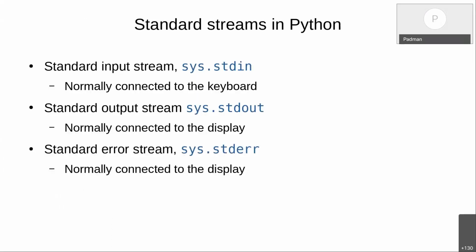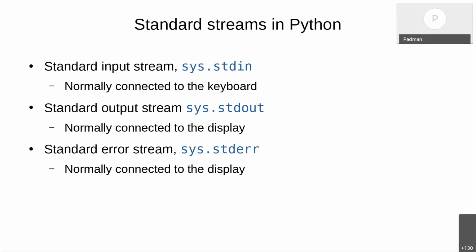Standard streams. Python provides 3 streams, through the sys module. The first is the input stream, stdin, then there is an output stream, stdout, and stderr is the third stream. The input stream is normally connected to the keyboard so that the program can take input from the keyboard. The output stream, stdout, is typically connected to the display so that you can see the output.